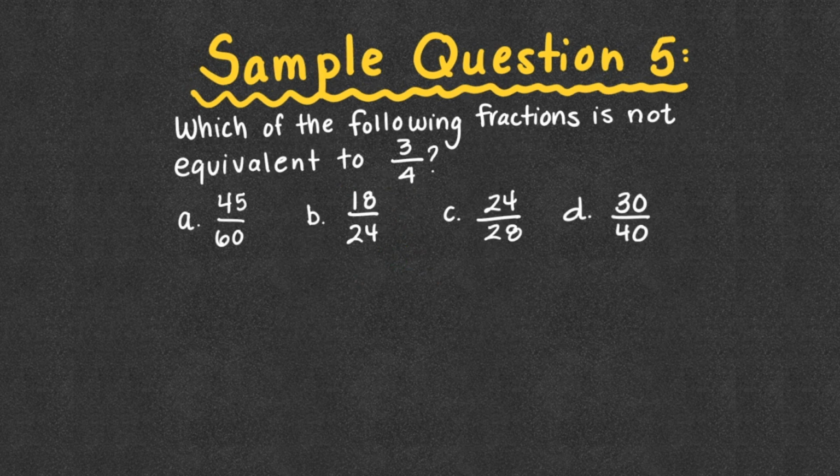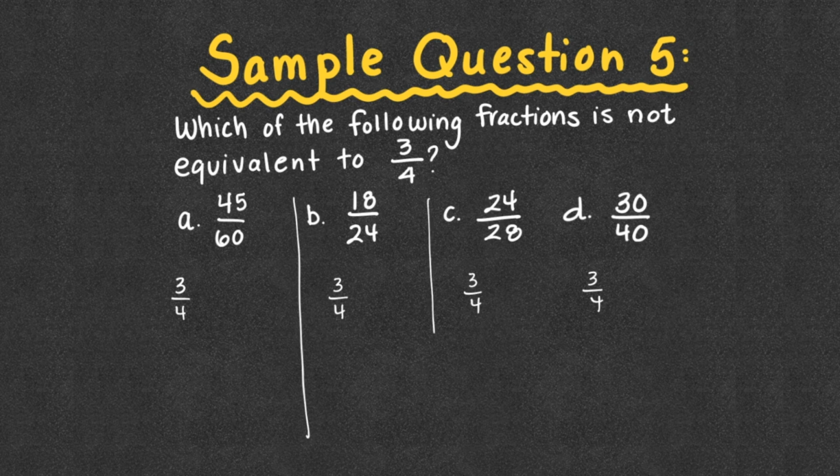So with this, which of the following fractions is not equivalent to 3/4? What we can actually do is let's put 3/4 underneath each one. And this is very similar to the last problem, but instead, we're going to do this 4 times to check. So I'm going to look at 3/4 and 45/60 first.